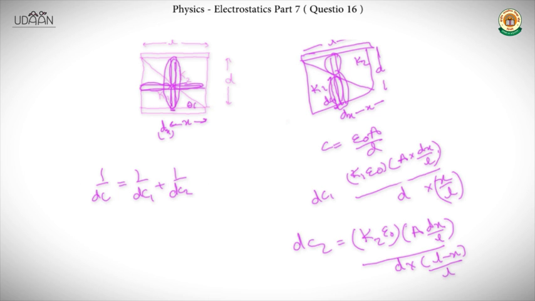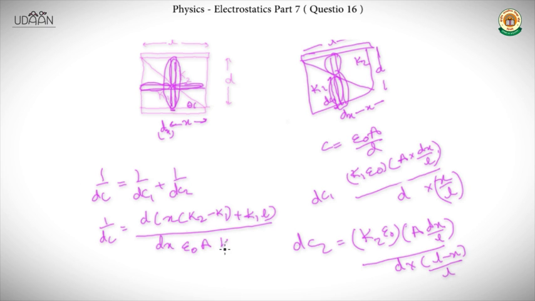So now we will get 1 by dc is equal to d into x, again k2 minus k1 plus k1 L divided by dx into epsilon naught A k1 k2.